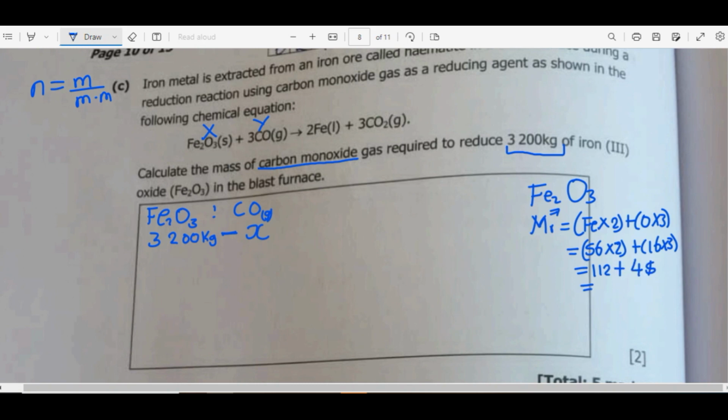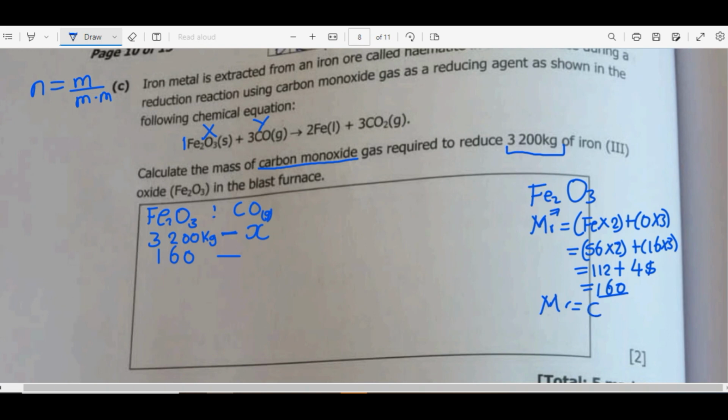The sum of 112 and 48 is 160. Now remember here, the mole ratio is 1. So even if we multiply 1 times 160, we still get 160. So you put 160 here.